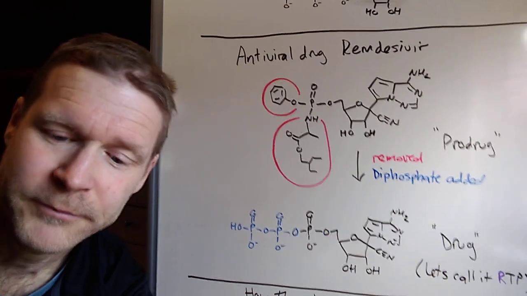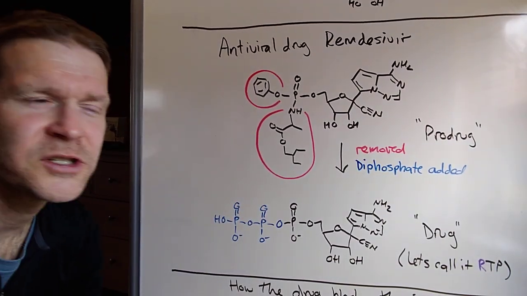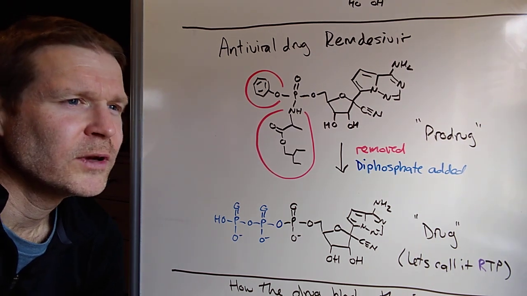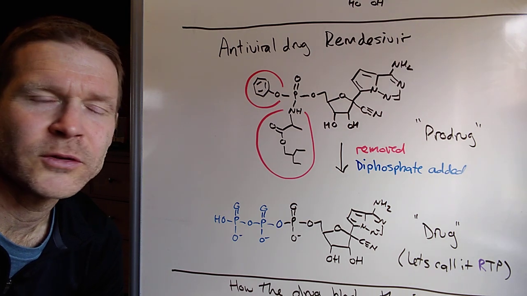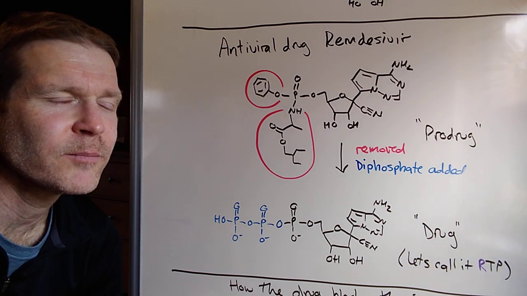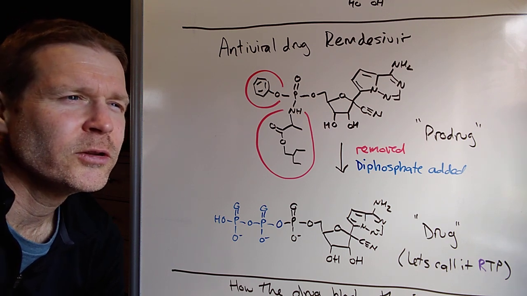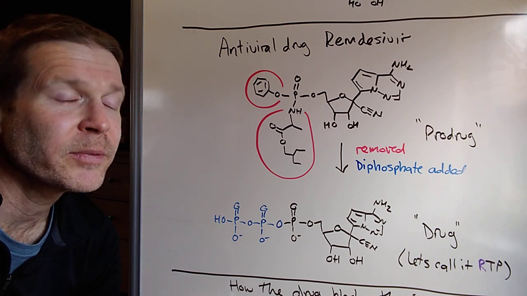What's interesting about remdesivir is doctors have been using it. There's one case in Washington where a patient was in the ICU, and the doctors were able to use remdesivir under so-called compassionate use guidelines, which means if a patient is not doing well, you're allowed to try off-label drugs to see if it would help.